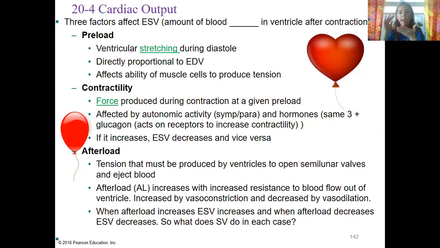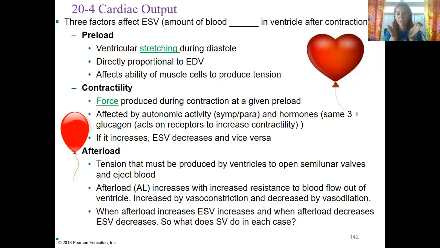So you're going to have blood sitting on top of those semilunar valves within the aorta and the pulmonary trunk. The ventricles have to be strong enough to produce a tension that is going to allow those valves to pop open so that blood can move from high pressure to a lower pressure.